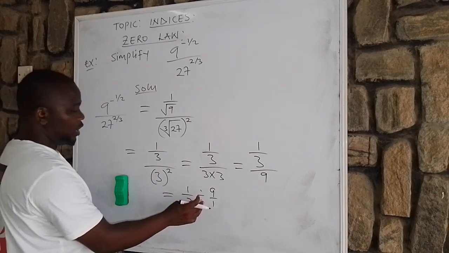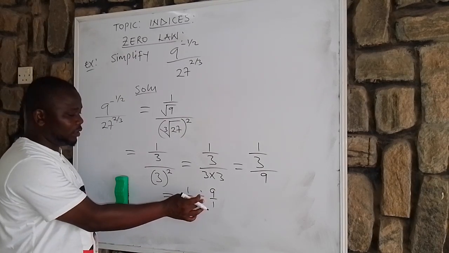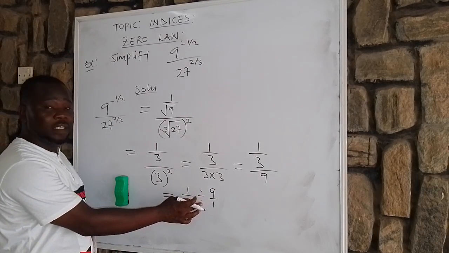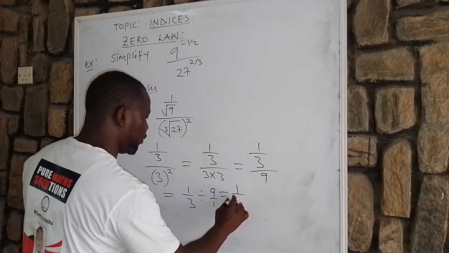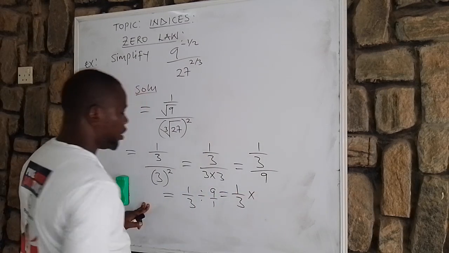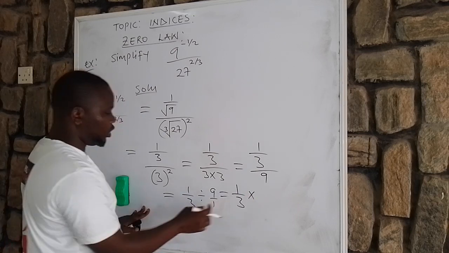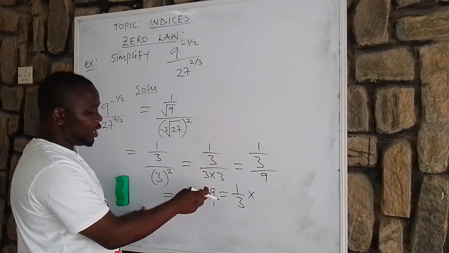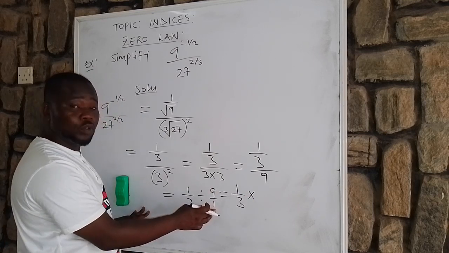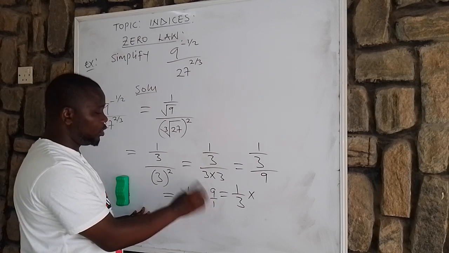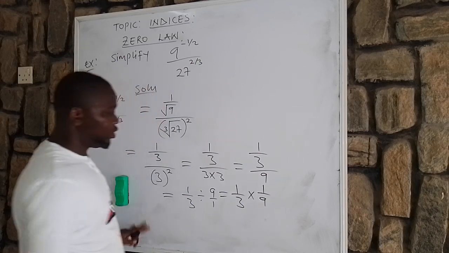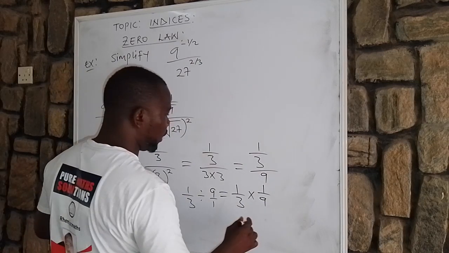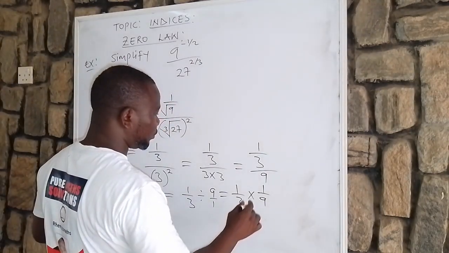So now we are going to convert this division sign to what? Multiplication. So this is equal to 1 all over 3 times. If we convert it to multiplication, this numerator will now come to the denominator, then the denominator will come up. So here will be 1 all over 9. Do you agree with me? So far, so good.